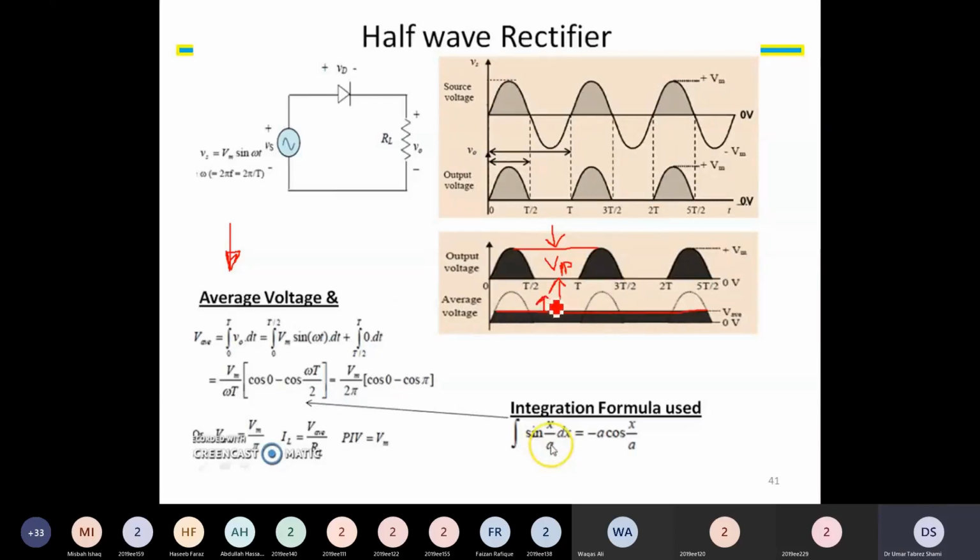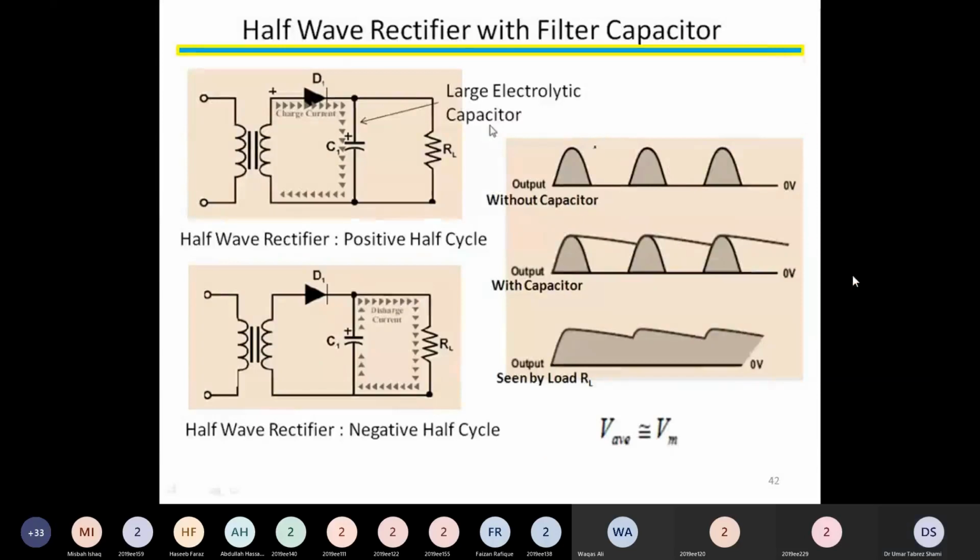You have to increase this average and reduce this ripple voltage. And this will be done by using a capacitor.